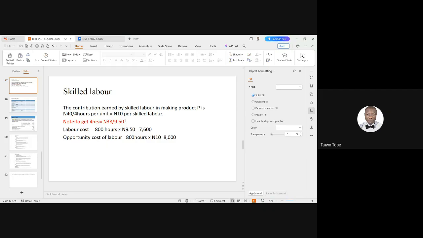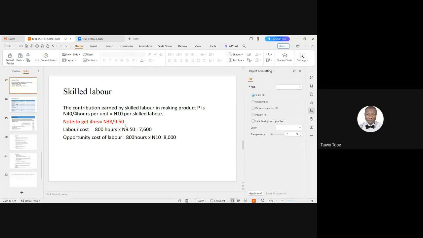The skilled labor we need are already working in a department producing product P. Now we need them if we are to meet up with our current decision, to meet up with our one-off contracts.